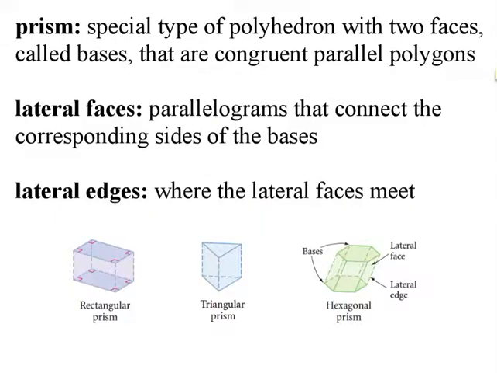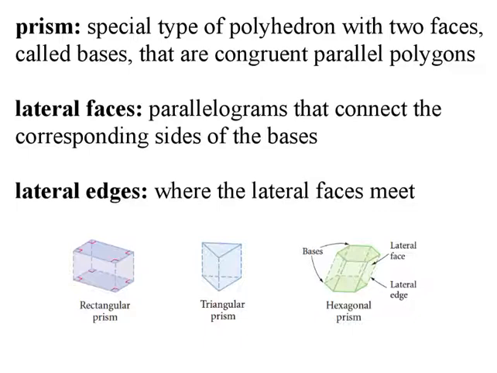A prism, and we talked about this yesterday, is a special type of polyhedron with 2 faces that are called bases that are congruent parallel polygons. So a prism has to have a top and a bottom that are the exact same.